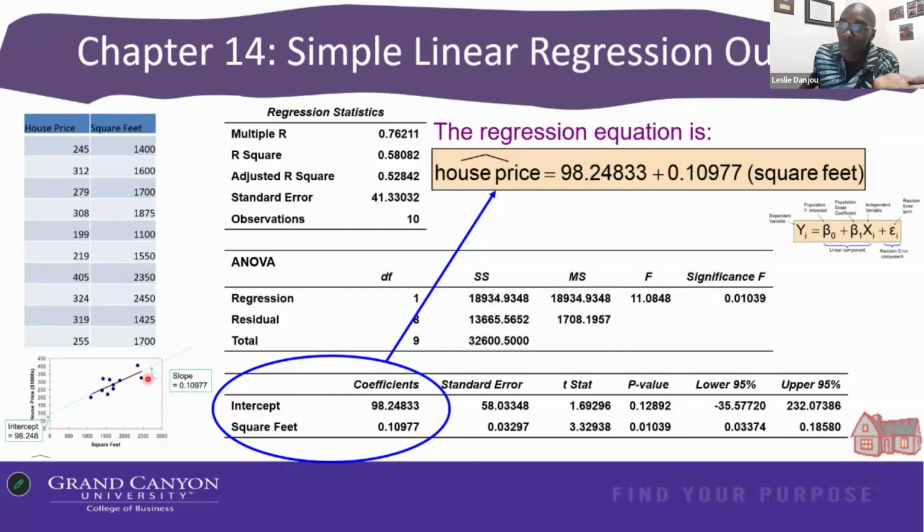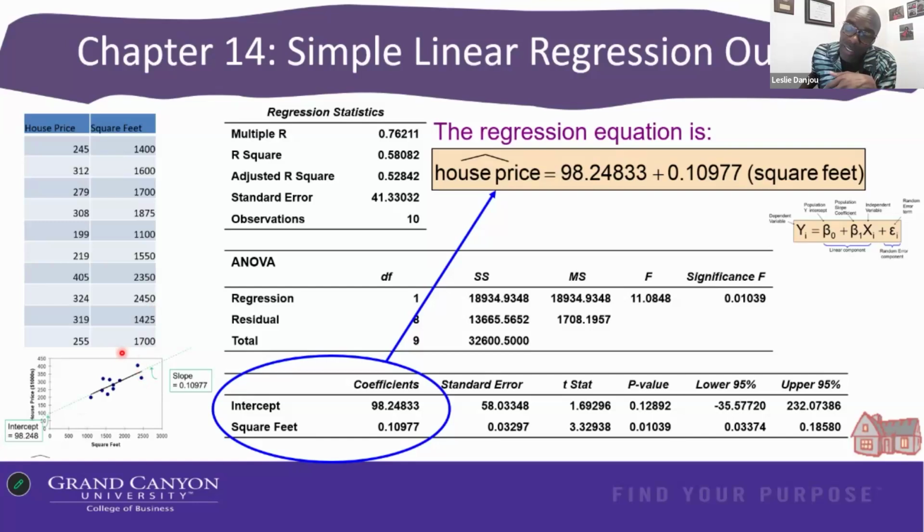So, for example, the lowest square footage that we have right here is 1100. I'm just eyeballing this. So we can only make predictions from a 1100 square foot home all the way up to the highest, which looks like 2450.